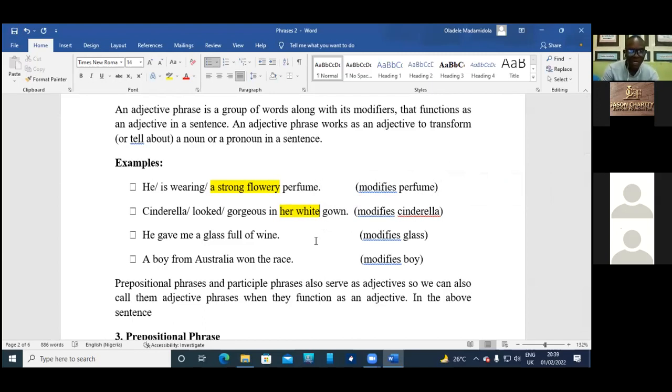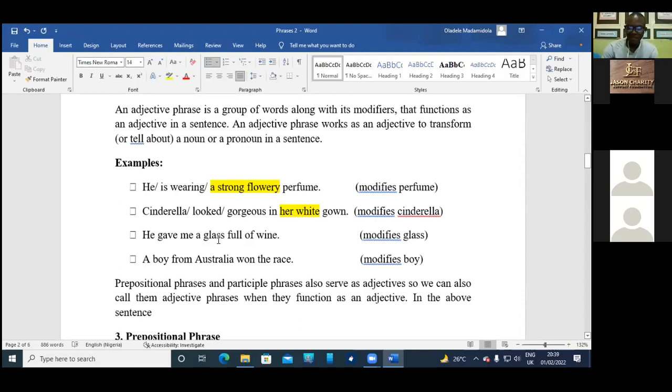We have less than 3 more minutes, so let me quickly go through these 2 other examples. He gave me a glass full of wine. Okay, already we know that glass is the noun there.